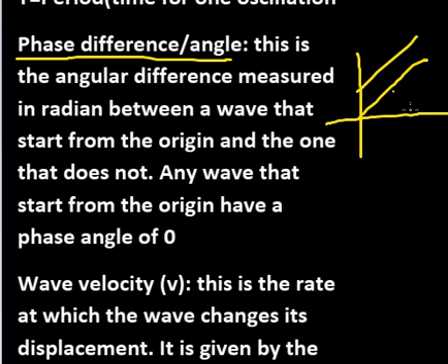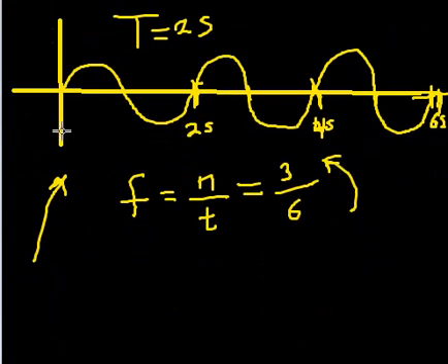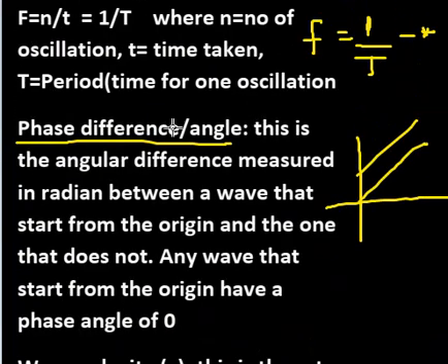The same thing happens with waves. Some waves you draw can start from the origin, like the wave we have here, while some may not. The wave that doesn't start from the origin has an angle, which means it's lagging. Normally, rotation starts from 0, but some don't start from 0. That brings us to the definition of phase difference.